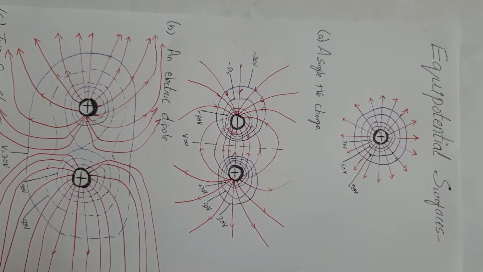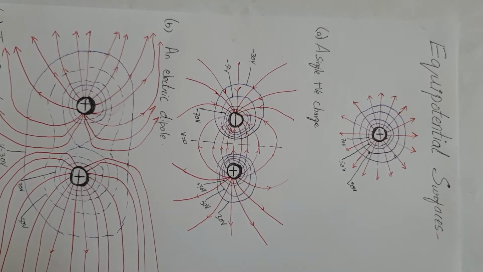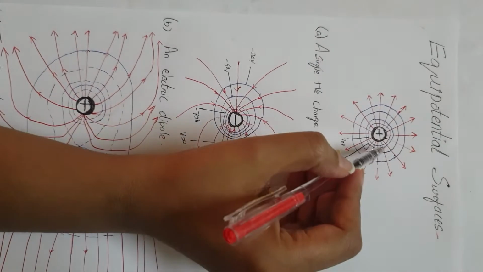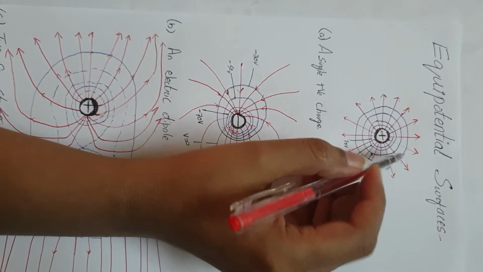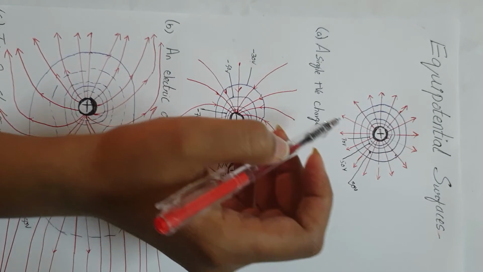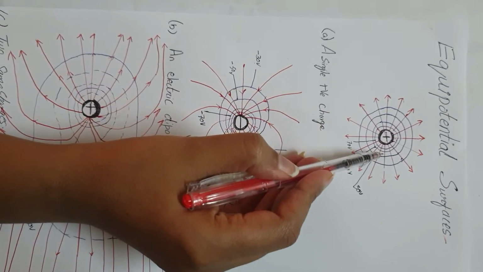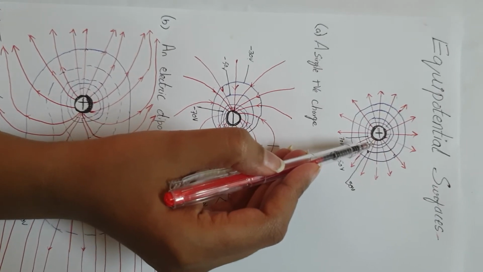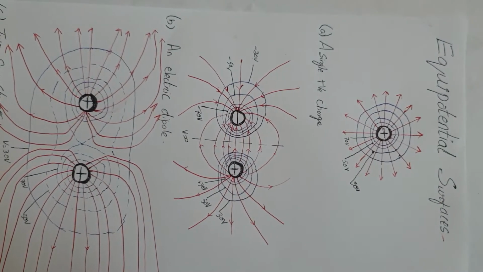Field lines and equipotential surfaces are perpendicular at every crossing. Here, here, here, here. This is the simple case of a single positive charge. Mostly the adjacent equipotential surfaces are drawn at the same potential difference.